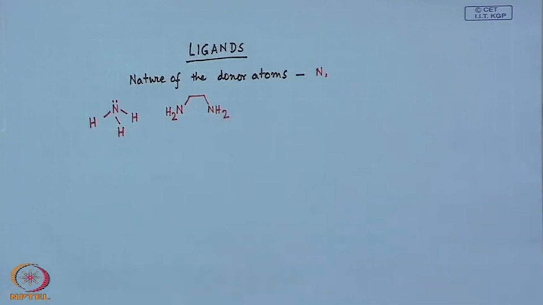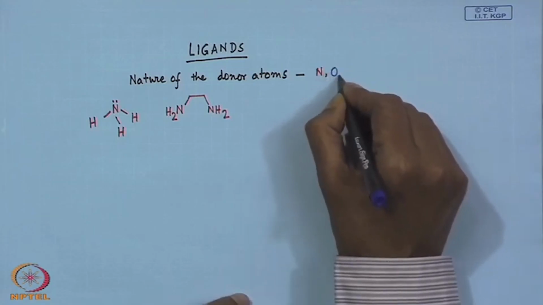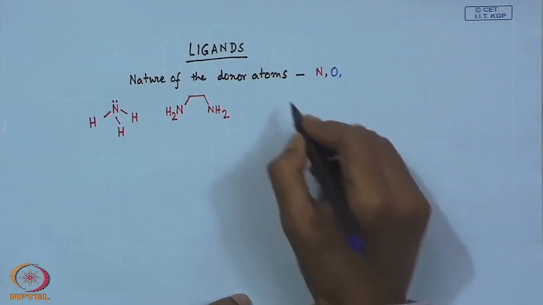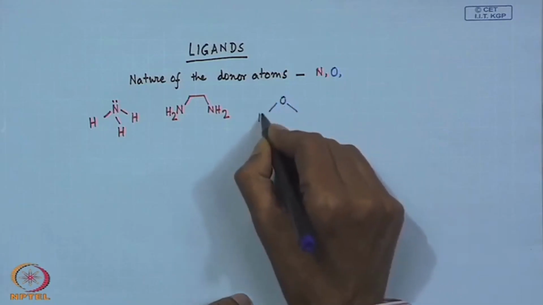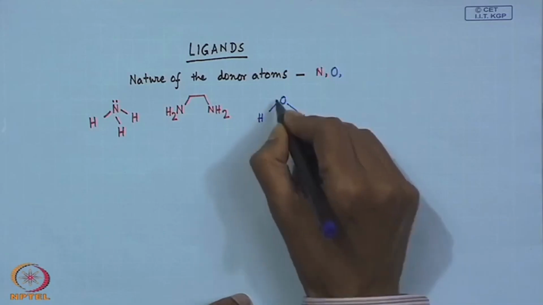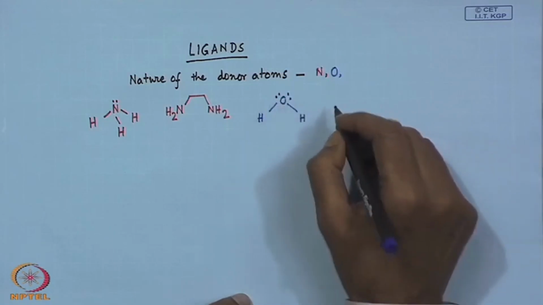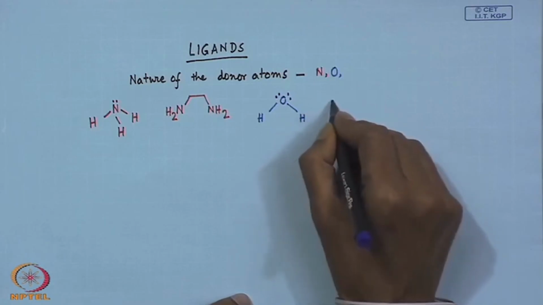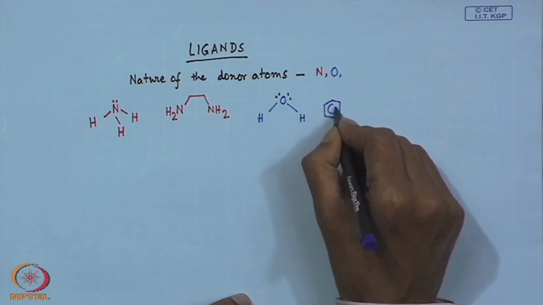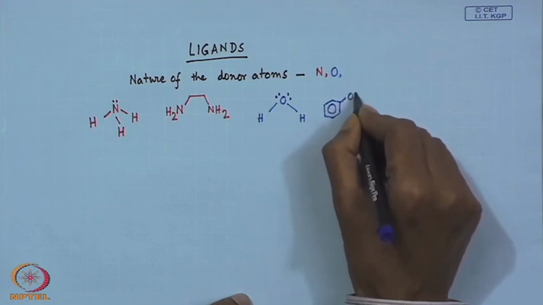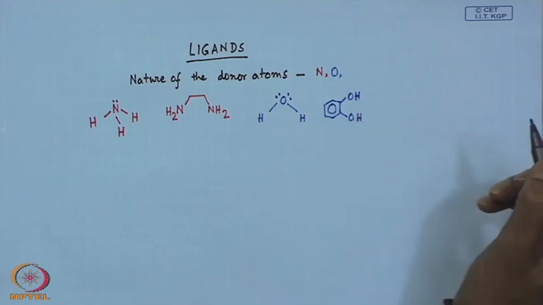So, one is the nitrogen based ligands, then we can have the oxygen based one. The simplest possible oxygen based monodentate ligand we have seen is water. Then we can have other bidentate ligands like catechol and others.